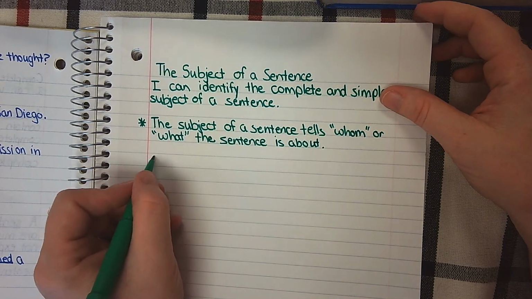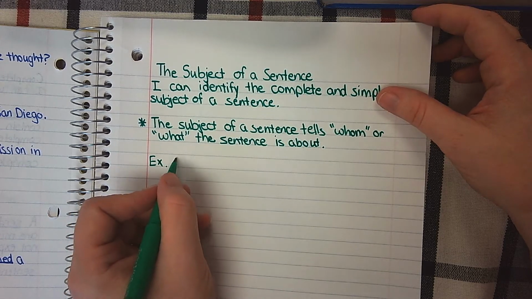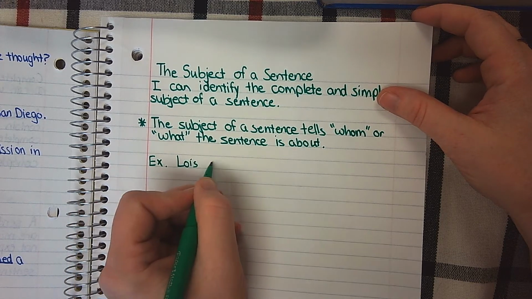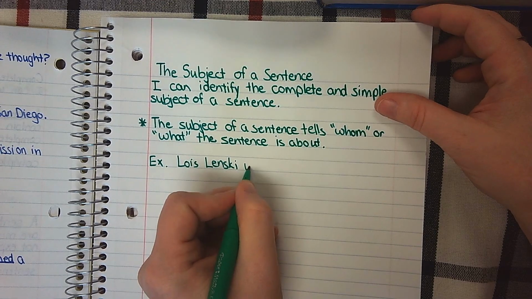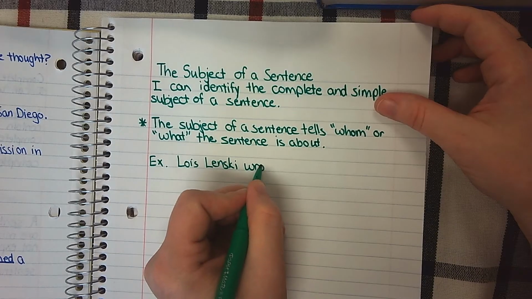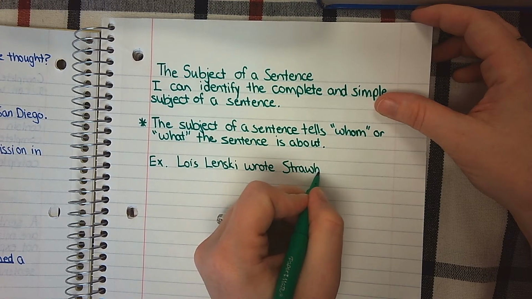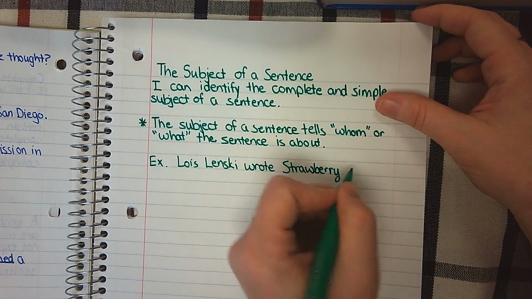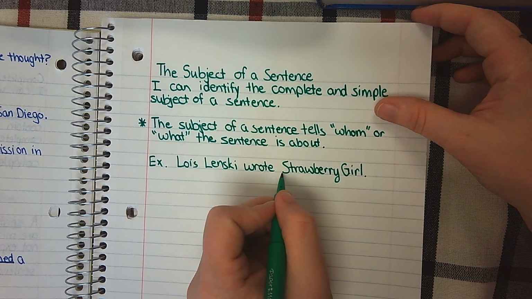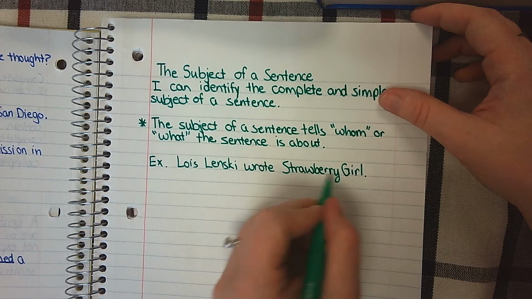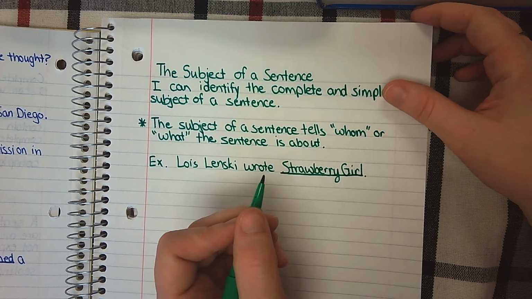For example, here's a complete sentence. Lois Lenski wrote Strawberry Girl. Here I am capitalizing Strawberry Girl because it's the title of a novel, and we are also going to underline it because it's the title of a novel.